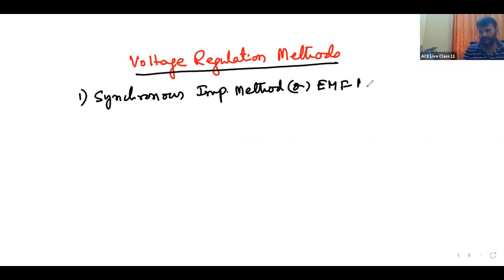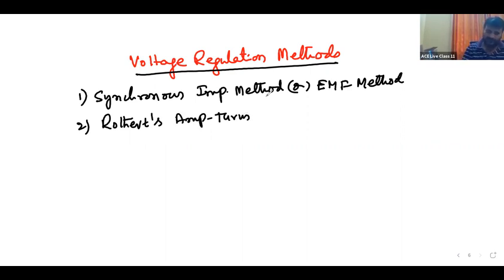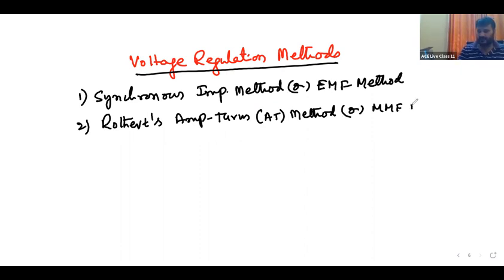The second one is Rother's ampere turns method, also called the MMF method. And the third one is the zero power factor method.